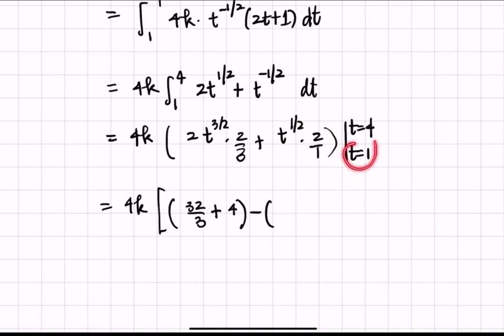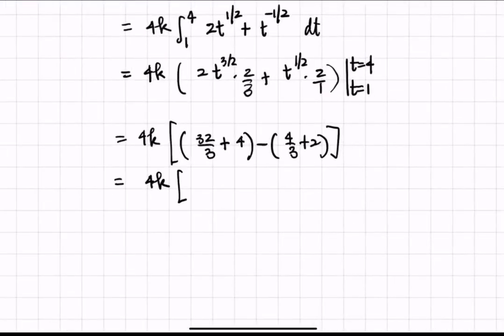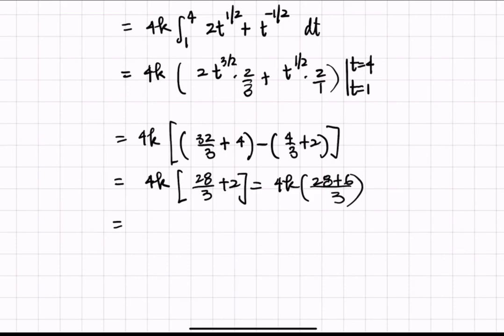Replace t by 1, you will get 2/3 plus 2, which is 4k times 28 over 3 plus 2, which is 4k times 28 plus 6 over 3, 4k times 34 over 3.